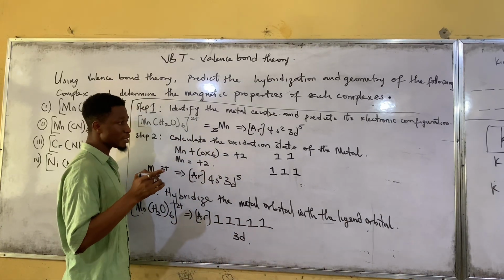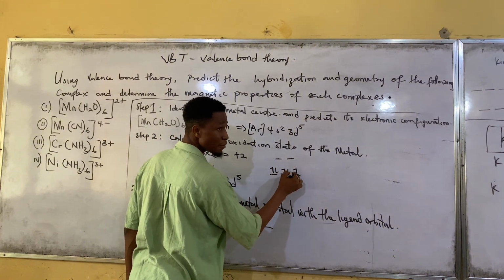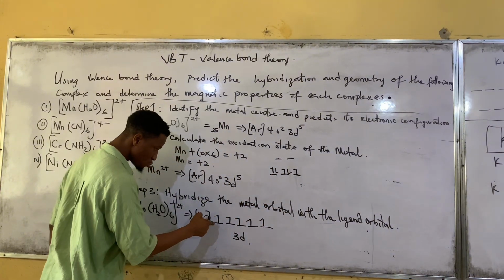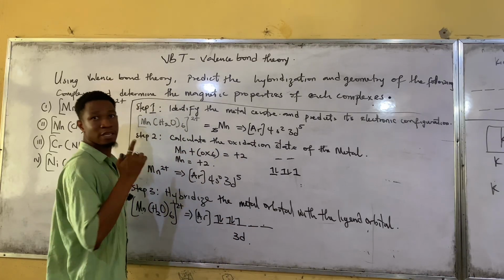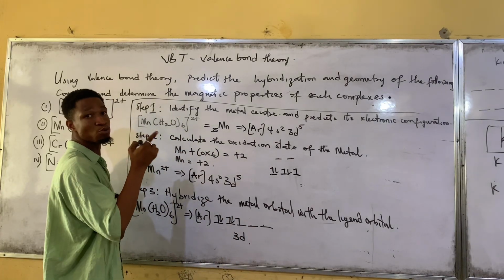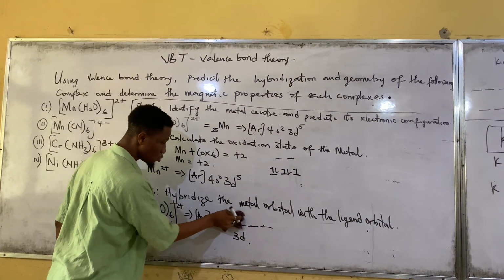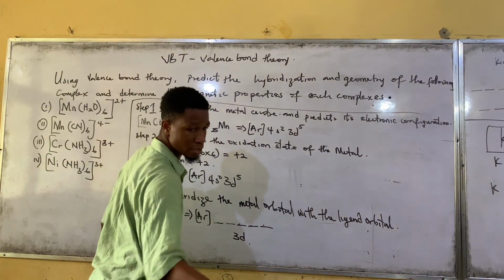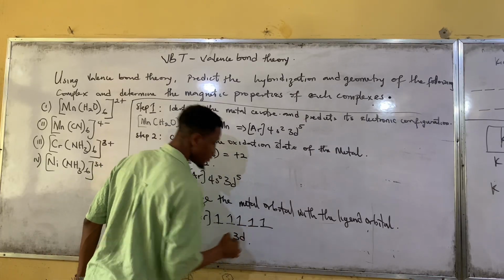If it was a strong ligand, we would have paired. But now it's a weak ligand, so we go with the first one, which is 1, 2, 3, 4, 5.